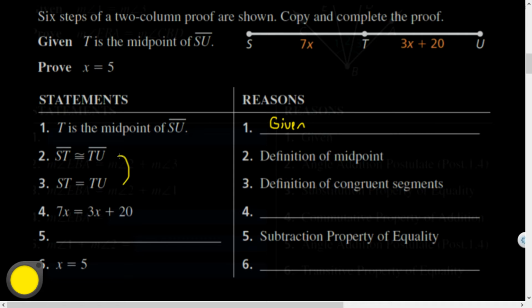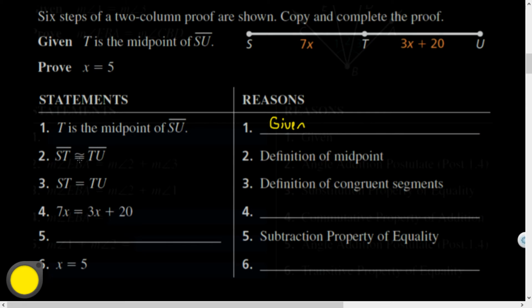Okay, notice the subtle difference between these two statements. Congruence is describing the picture, the actual diagram of this segment being the same as that segment, okay? Whereas equality is now referring to the numbers that represent their lengths.